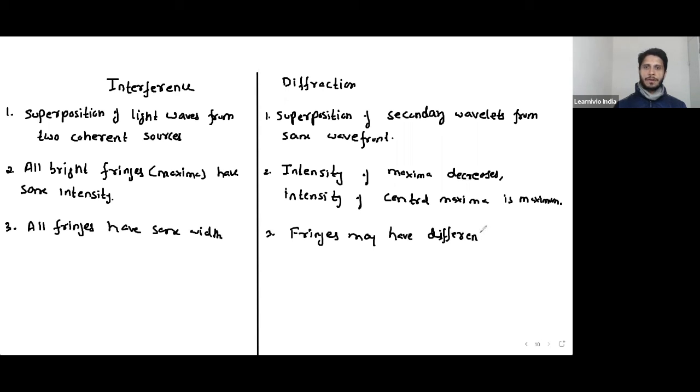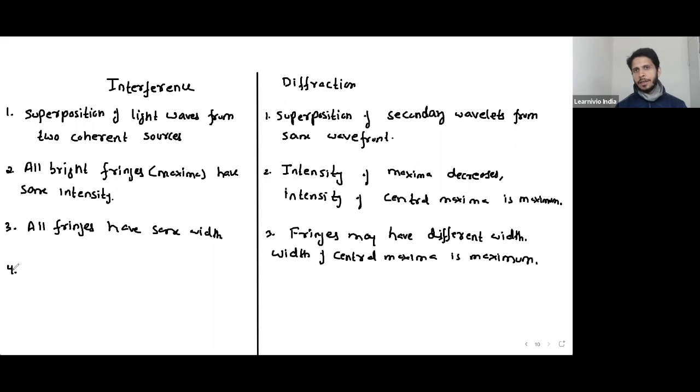Width of central maxima is maximum. Then this width decreases. The width of central maxima is maximum, then it decreases.